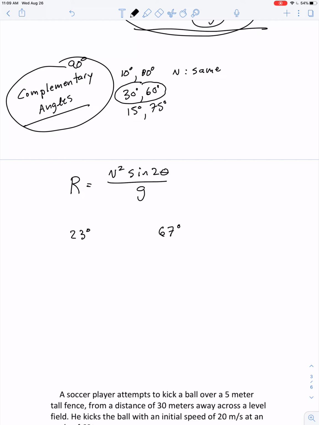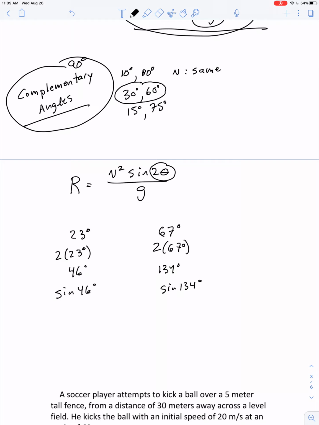Okay, so then 2 times 23 degrees, that's what we're interested in here, is double the angle, would be 46 degrees, and 2 times 67 degrees would be 134 degrees. So I'm curious, what's the sine of 46 degrees, and what's the sine of 134 degrees?